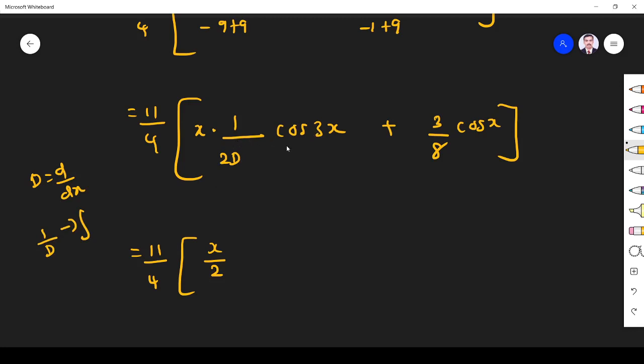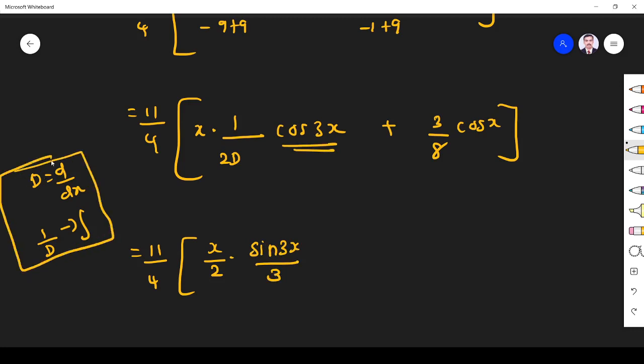That means we have to integrate the cos 3x. If you integrate cos 3x, what will it become? Sin 3x by 3. So please remember, D is equal to d by dx, and 1 by D is nothing but integration. So the integral of cos 3x is sin 3x by 3. And this is 3 by 8 cos x.